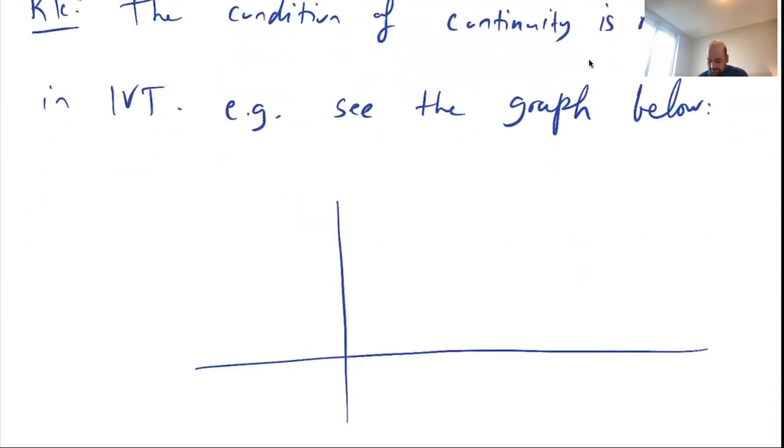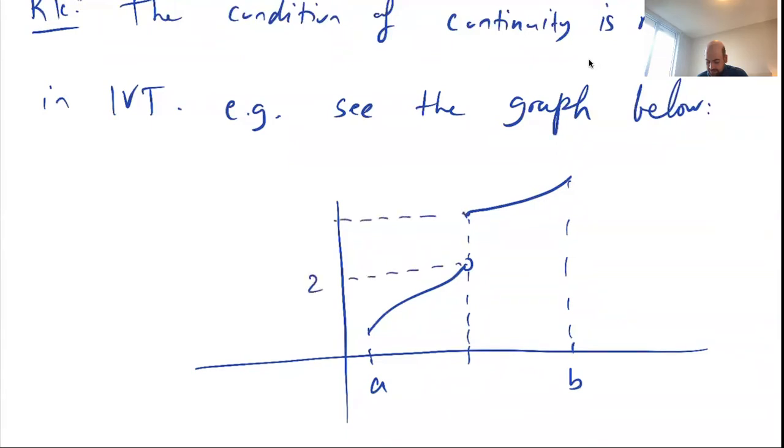Let's say, for example, this graph. So let's say this is A and this is B. And let's say you have some intermediate value here, for example, this is 2, and this is 4.